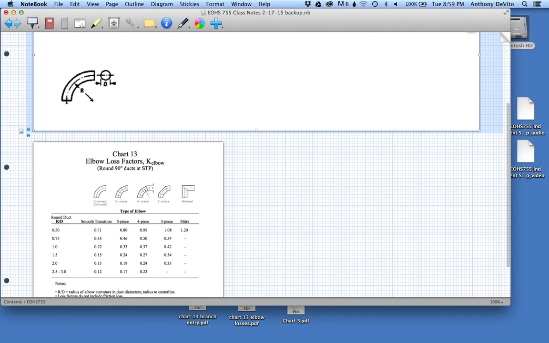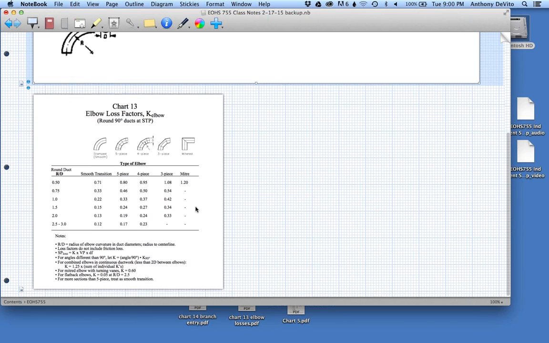You can imagine a tight curve is going to lose more energy than a gradual curve. And a larger duct is going to lose less energy than a narrow duct, because the air has to move faster through that. So the energy loss that we're going to experience is related to both the diameter of the duct and the radius of the curve.